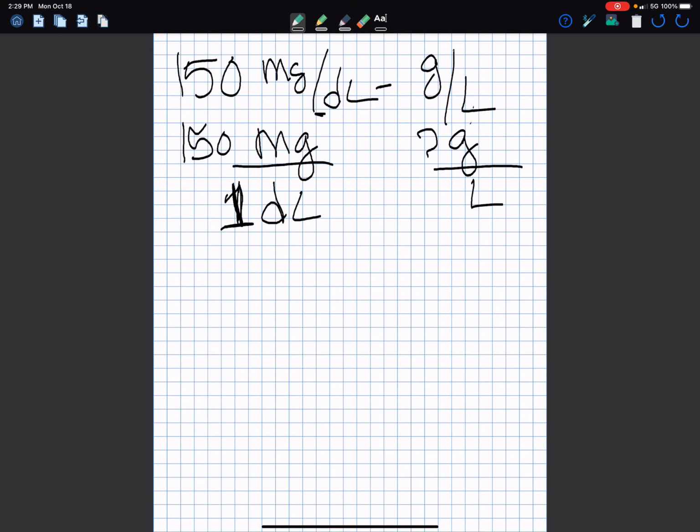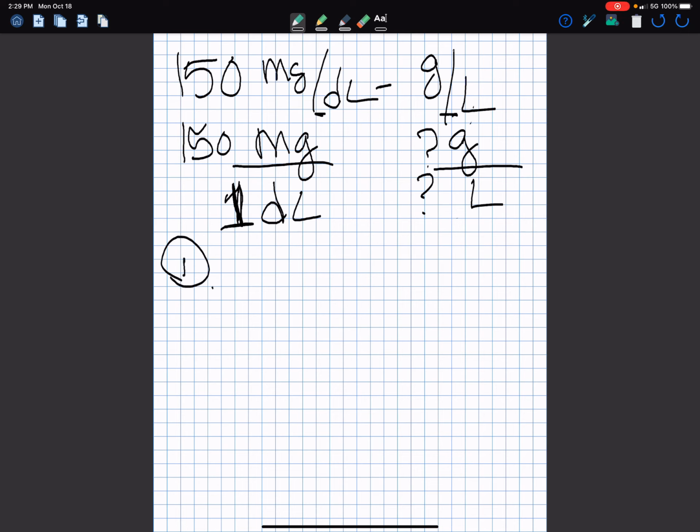So we don't know how many grams, and we don't know how many liters, right? But we know that we're going to 1 liter, okay? That's what we want to wind up with. We want to wind up with the number of grams per every 1 liter because, again, this is understood to be 1. So we're going to convert 150 milligrams to grams first.